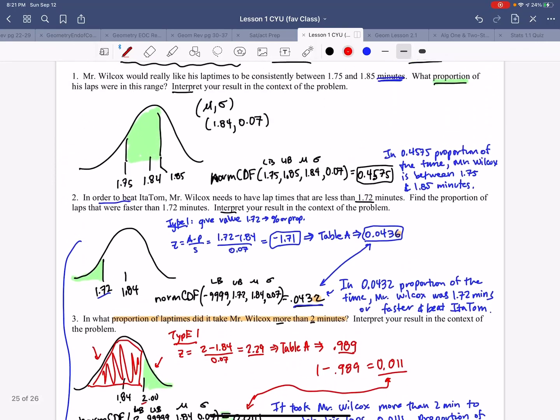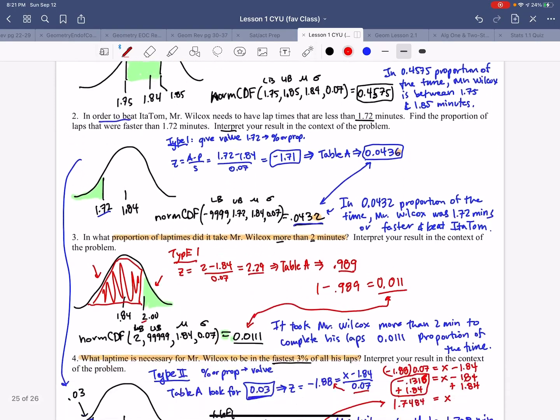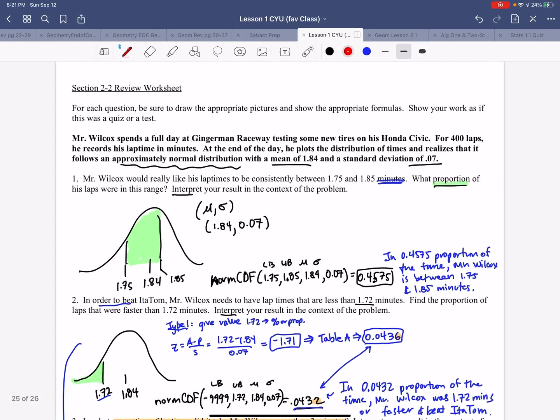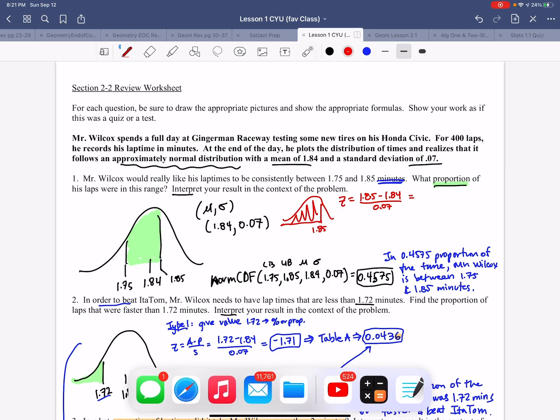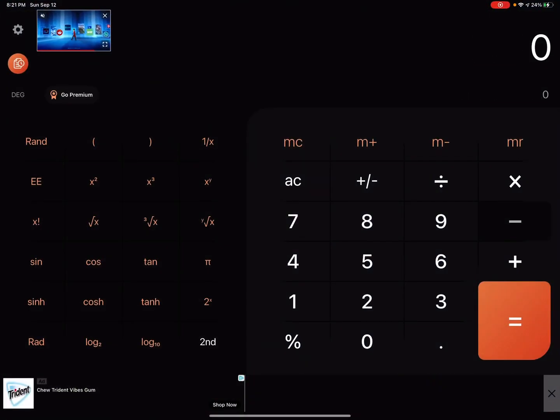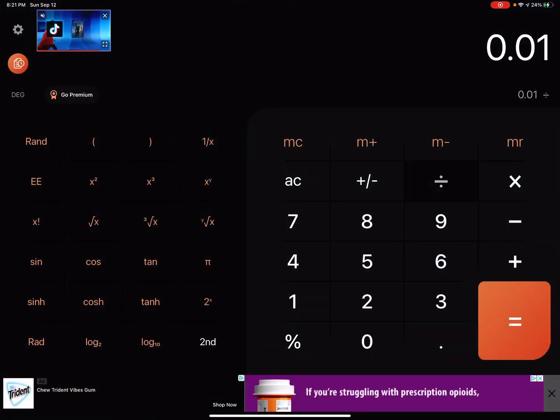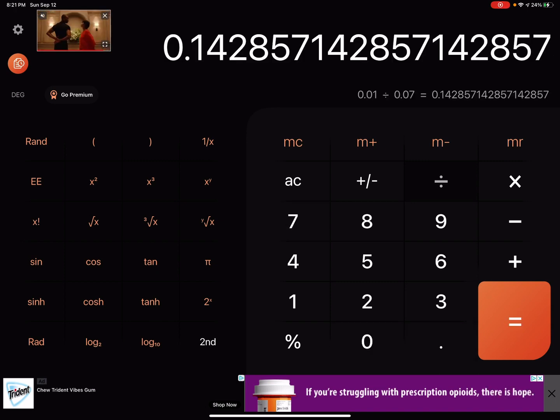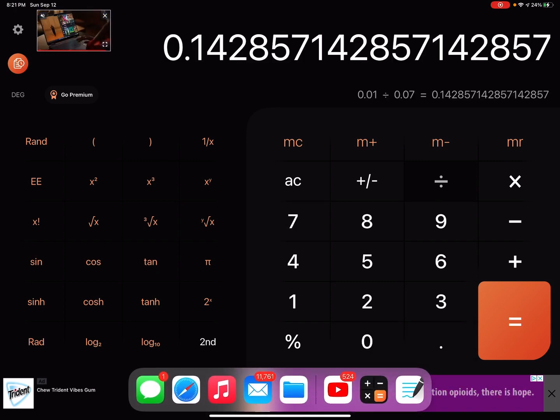Okay, last one. Why did I say best for last? Because this one requires 2. Right? So it's like, okay, this first one, I can find the area to the left, 1.85. So you have actual minus the predicted over the standard deviation. So that's 0.01 divided by 0.07. So you get 0.14.